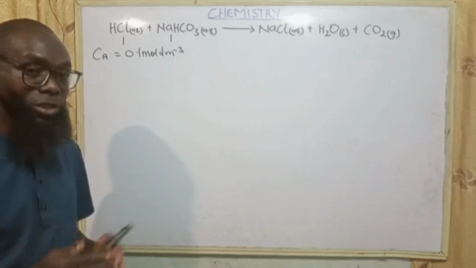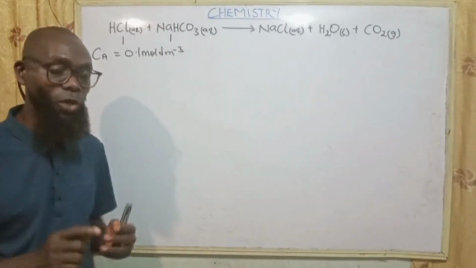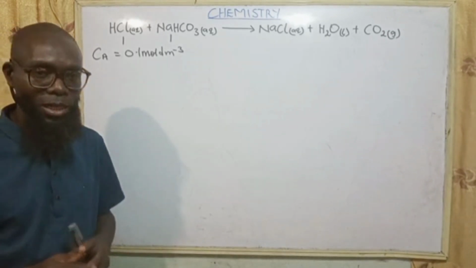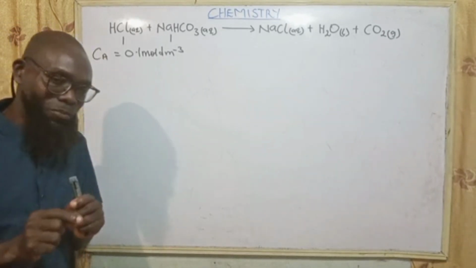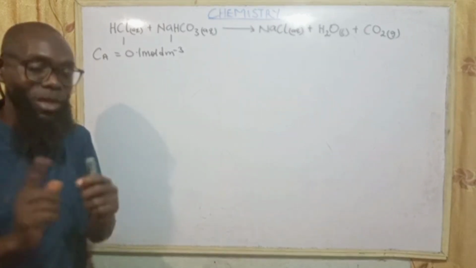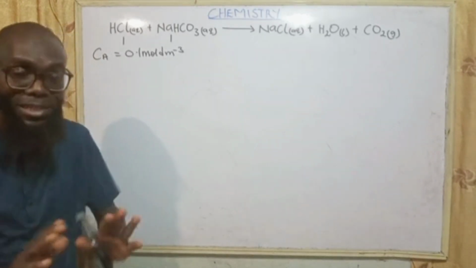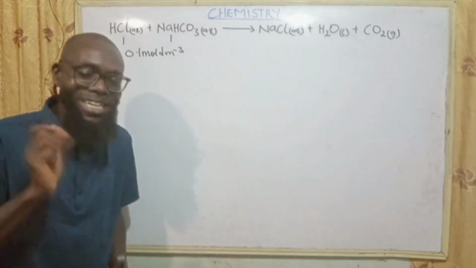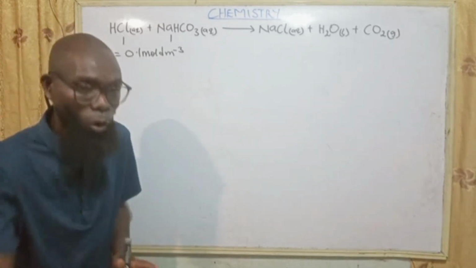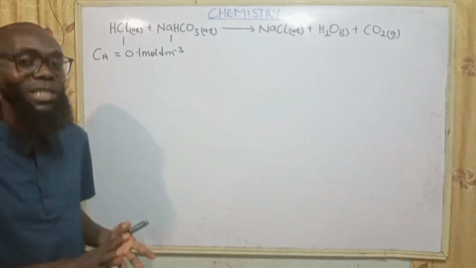We are told that it contains 18 grams of impure sodium hydrogen carbonate per dm cube. Now, this 18 grams of sodium hydrogen carbonate per dm cube means that it has been standardized already. But it is not the mass concentration of sodium hydrogen carbonate because it is impure, meaning that it contains some impurity.